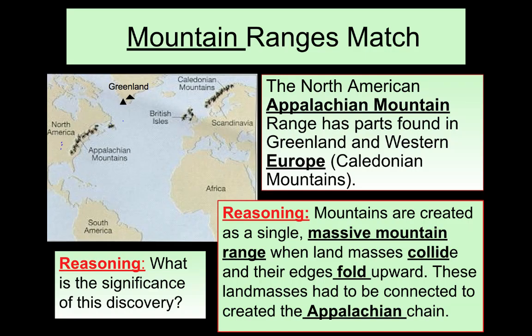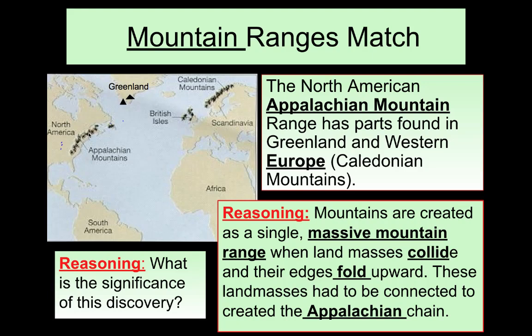The last bit of evidence that Alfred Wegener used to support his idea came from rock clues. So the first bit of evidence came from mountain ranges that actually match across oceans. The example given would be the Northern Appalachian Mountain Range.